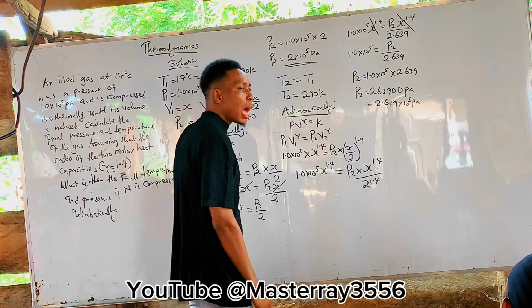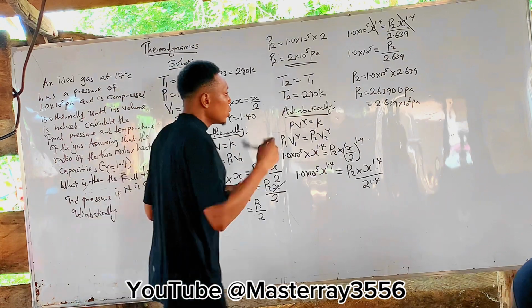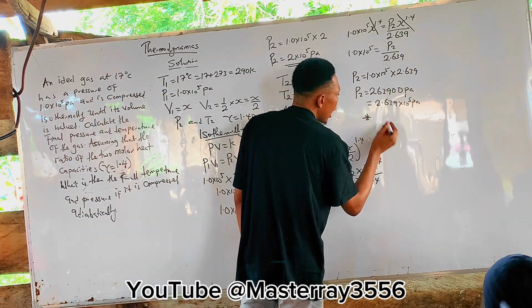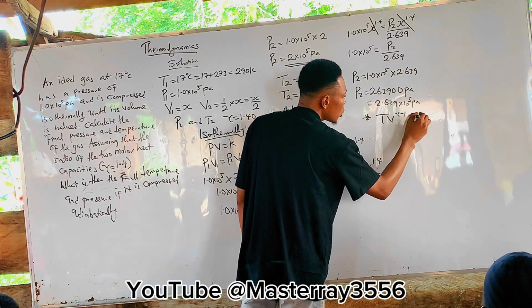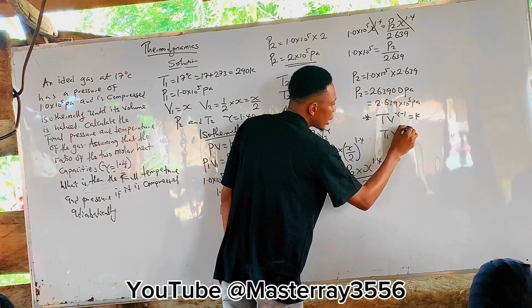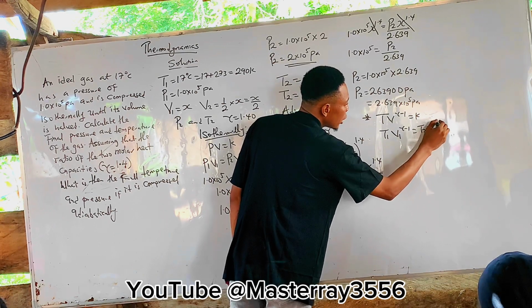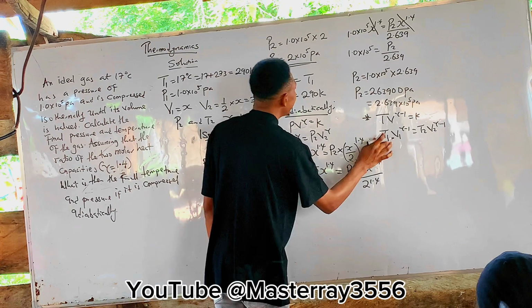Now that we've gotten our P2, the next thing we have to look for is T2, right? So to get T2, TV to the gamma minus 1 equals K, right? That is T1 V1 gamma minus 1 equals T2 V2 gamma minus 1. Are you following? All right. So what's our T1?